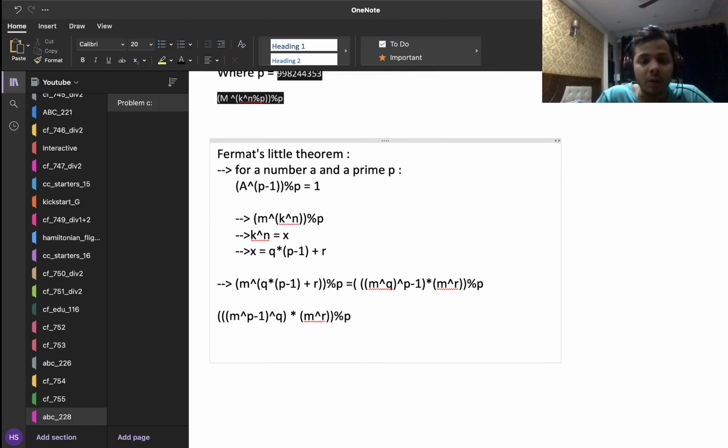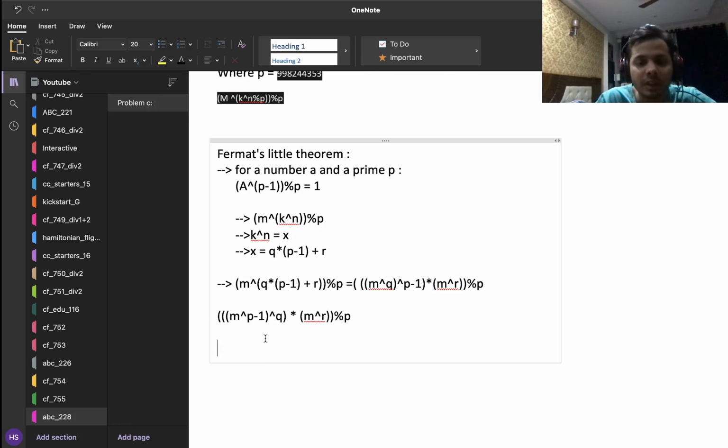Alright, so now we can again break down this first term into m raised to the power p minus 1 modulo p, raised to the power q, right? And what we realize from Fermat's little theorem is that m raised to the power p minus 1 modulo p is just going to be 1.